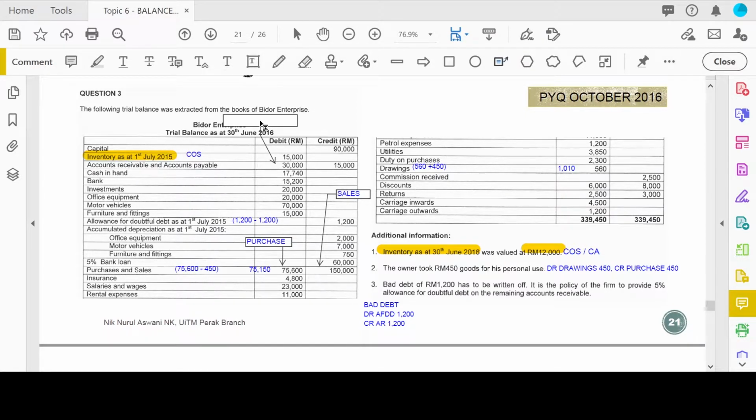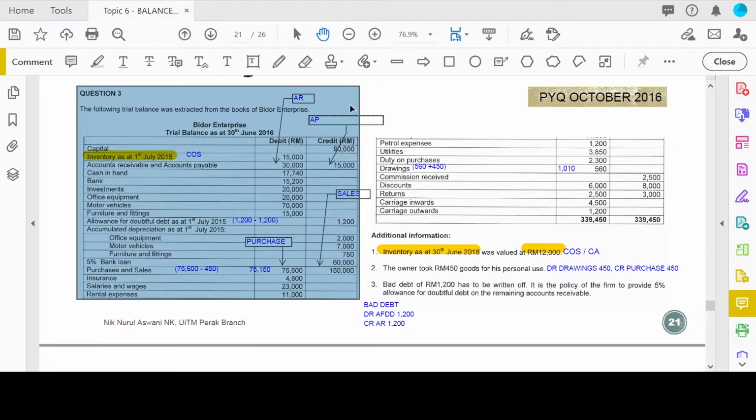Whereas account payable is a liability account, and a liability account usually has a credit balance. So this is for account payable.